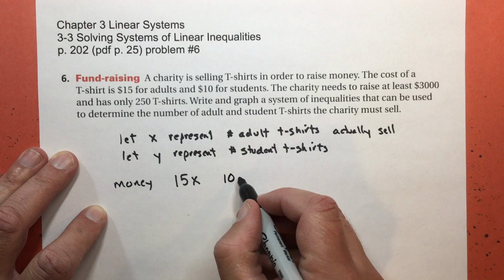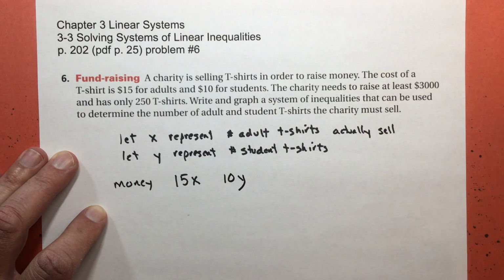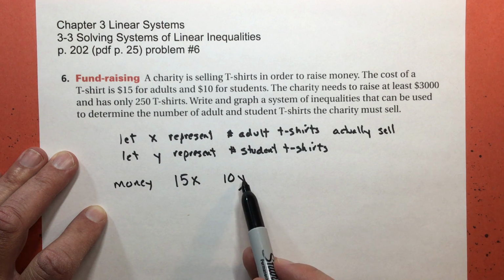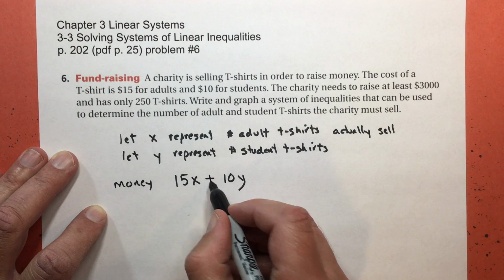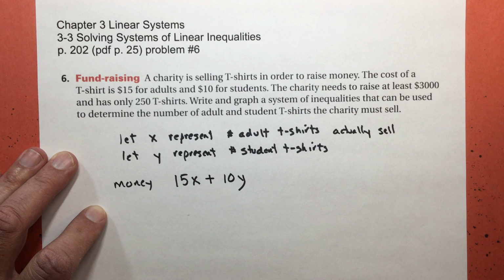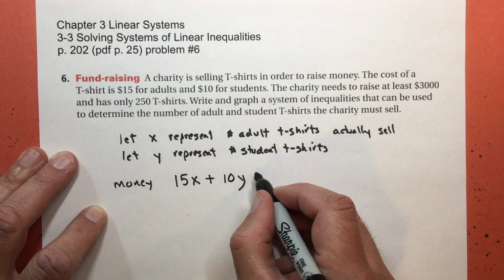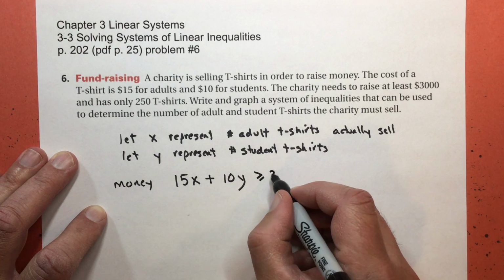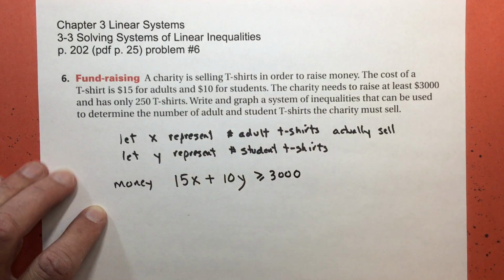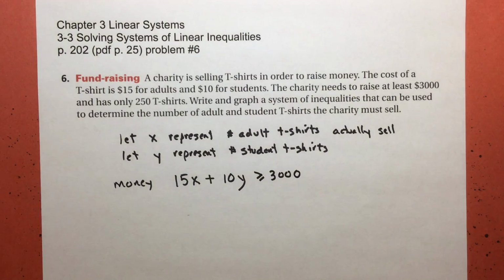So multiply 10 times Y. If I sell one t-shirt, it's $10. 100 t-shirts, it's $1,000. Okay, 10 times how many I'm going to have. If I add these two amounts of money together, I need that to be greater than or equal to 3,000. Pause that, rewind it, listen to me say it again, ask questions.